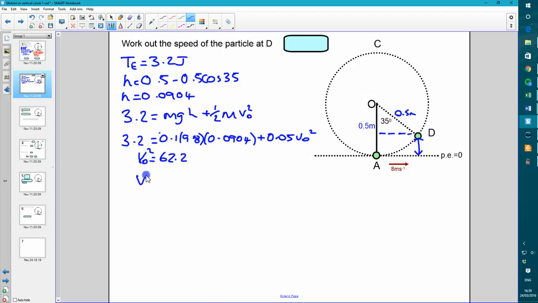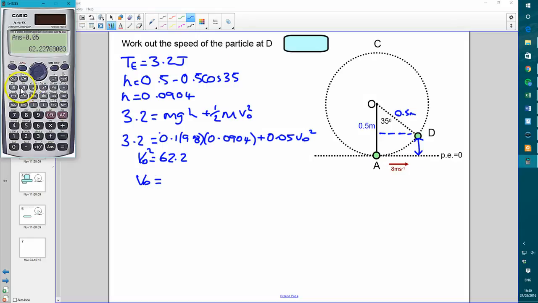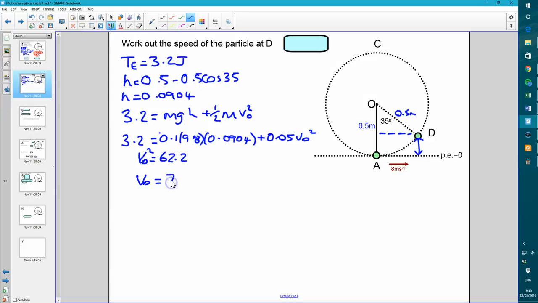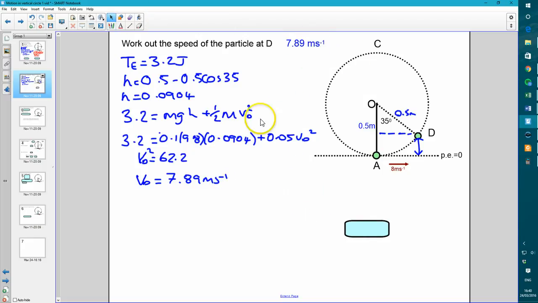So that tells me my velocity at d is going to be equal to the square root of this, which is 7.89 meters per second. Okay, and I can just check that over here, and it is indeed 7.89 meters per second.